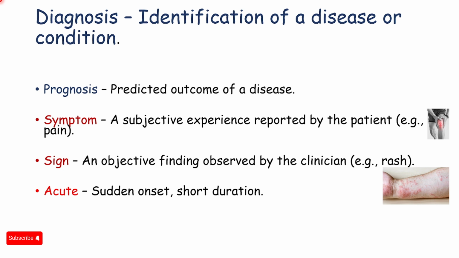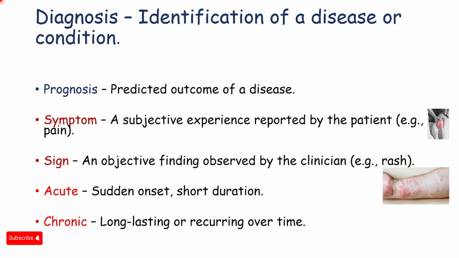Acute means sudden onset or short duration, like acute pancreatitis, acute cholecystitis. Chronic related to the long standing over time, like chronic pancreatitis.